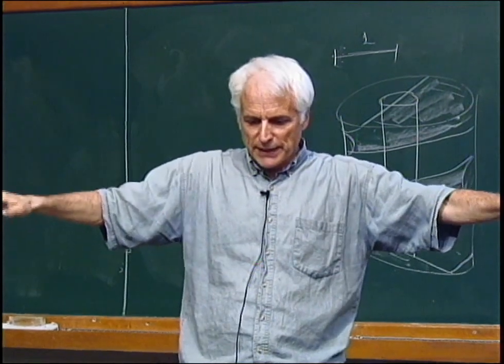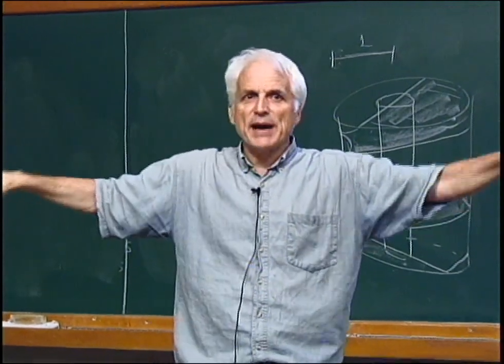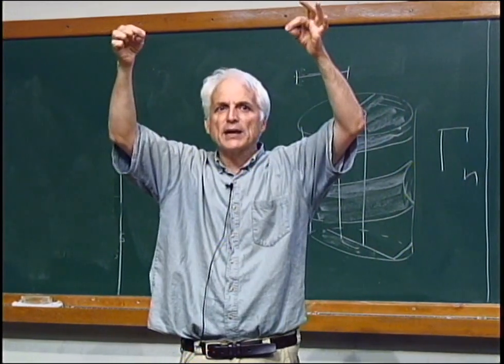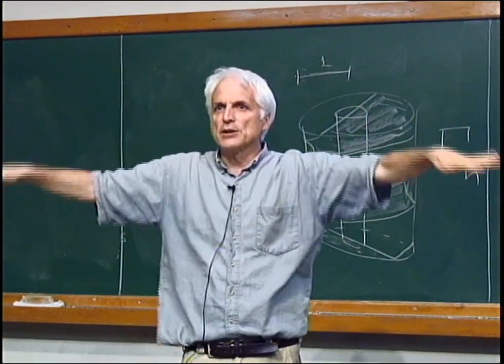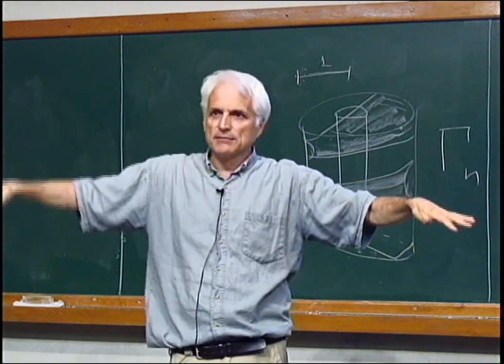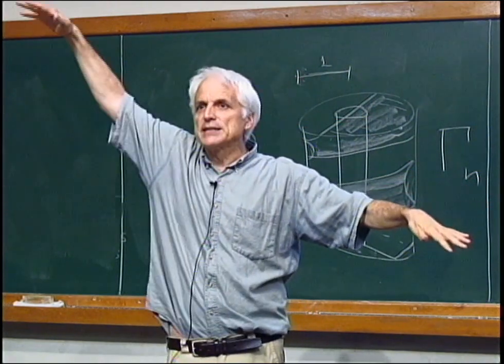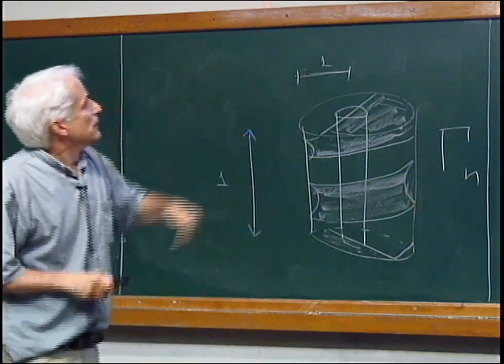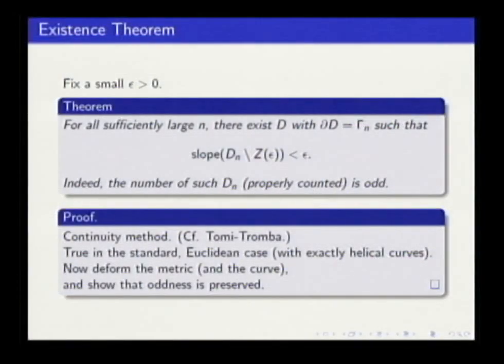But notice by the dichotomy theorem, the good ones and the bad ones are far away from each other, so you can never have a good one canceling with a bad one. Consequently, the number of good ones has to stay odd as well as the total number. So this is the standard continuity method plus the dichotomy theorem.